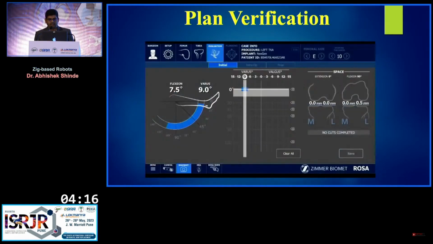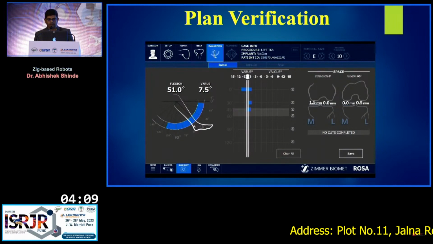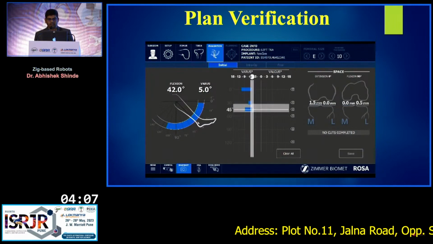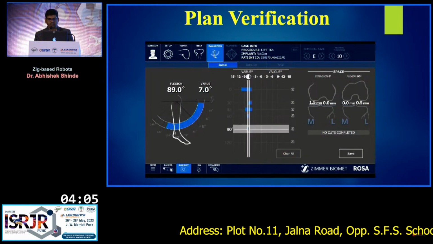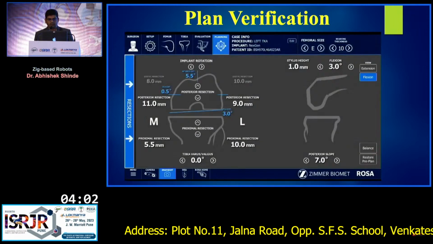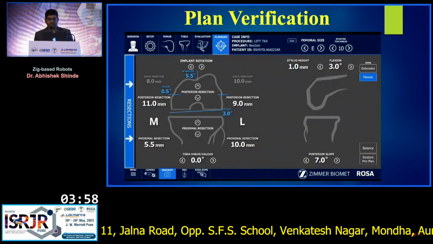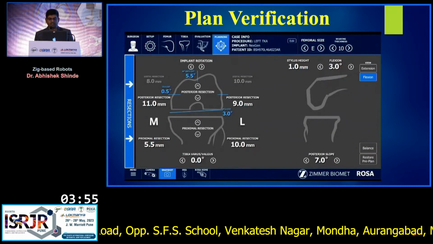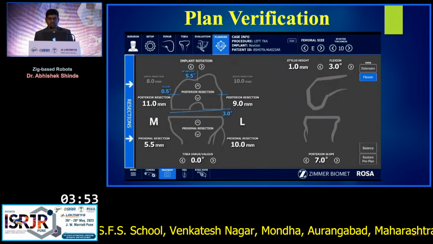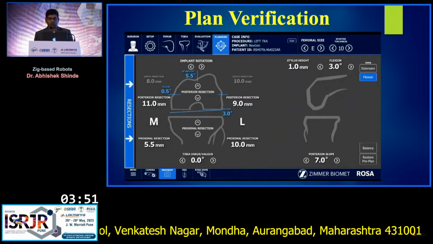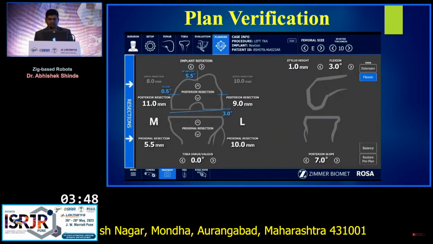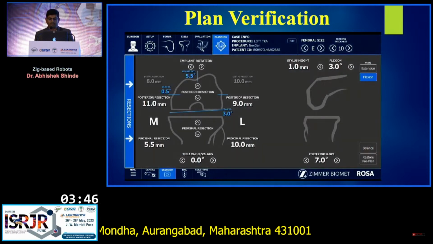Plan verification: once you verify the plan in extension and in different degrees of flexion, 30, 45, 60, 90, 120, then you can take the guided cut. You decide how much balance you want, how much distal resection, proximal resection, how much flexion, slope and rotation you want to give, and accordingly you can plan and take the guided cuts.